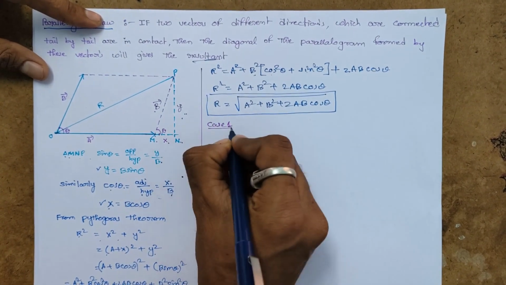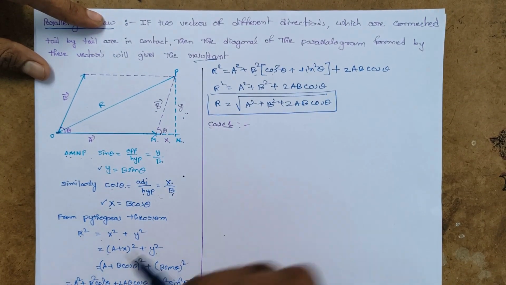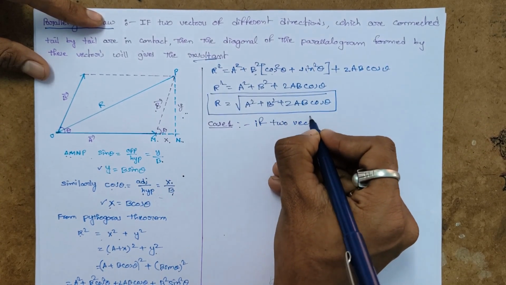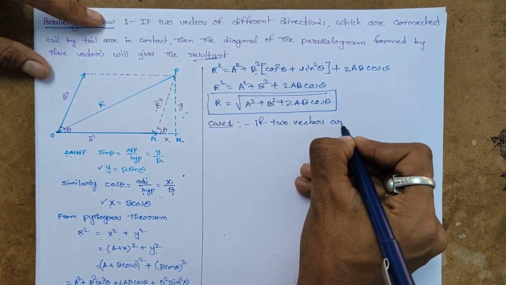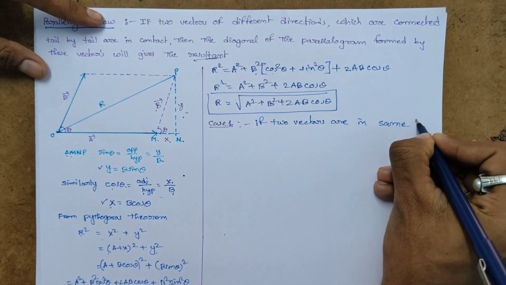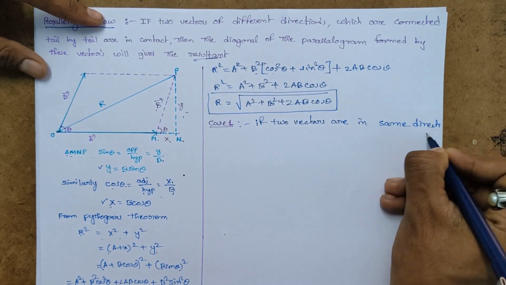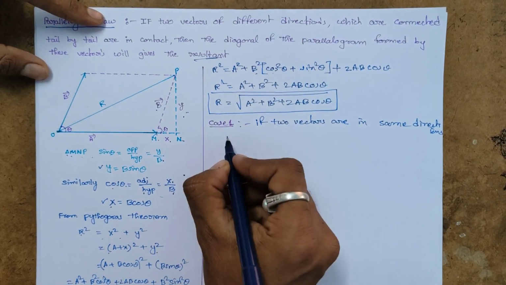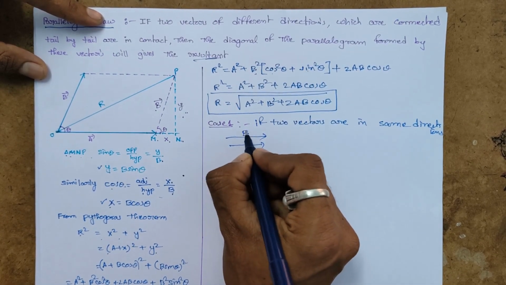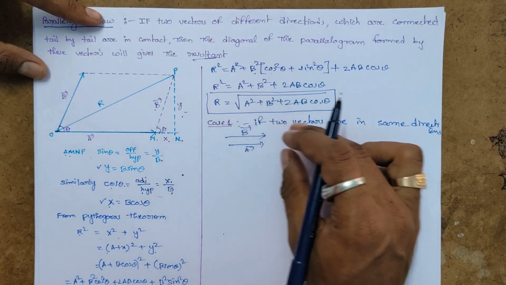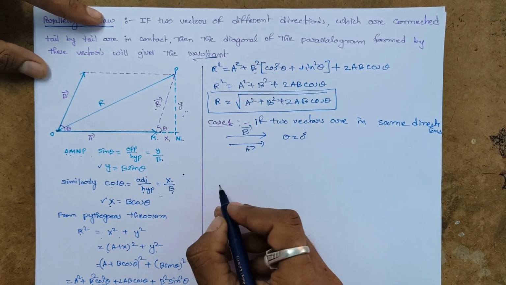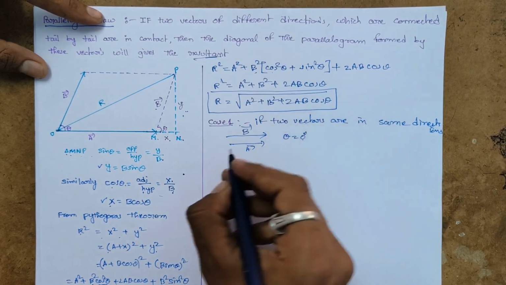Case number 1: if two vectors are in the same direction, so I have two vectors, one is a bar, another one is b bar. These two vectors are moving in the same direction. In that case, theta value, how much? Theta is equal to 0 degrees. So you can substitute this theta value here.